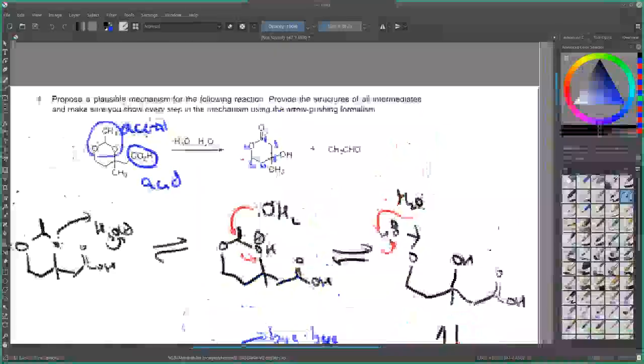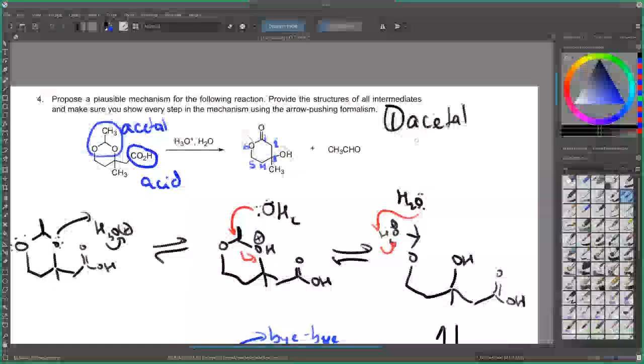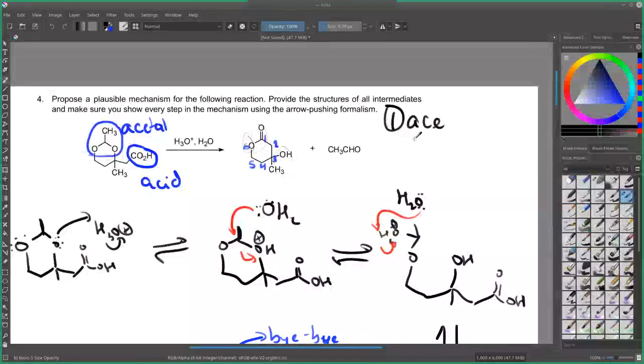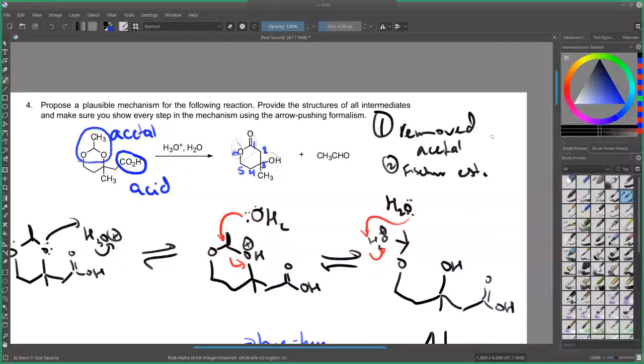I guess to summarize, so first we cleaved the acetal, or maybe let me just say, we removed the acetal. And then from there, we did Fischer esterification. Okay? You've seen both of these reactions. These are old.